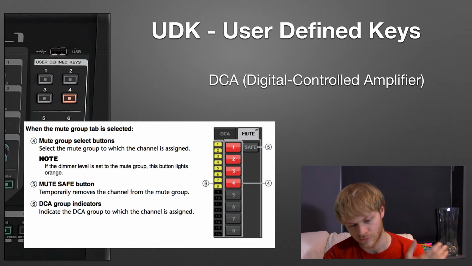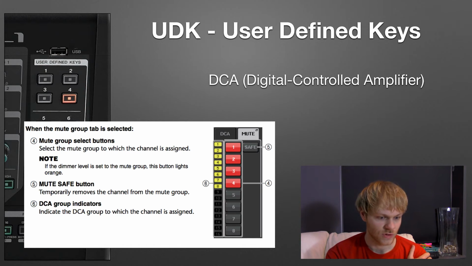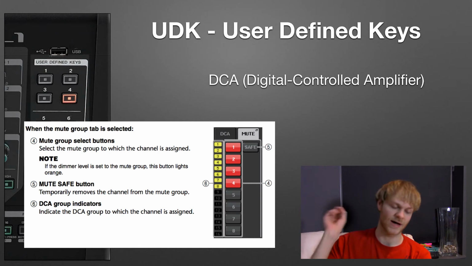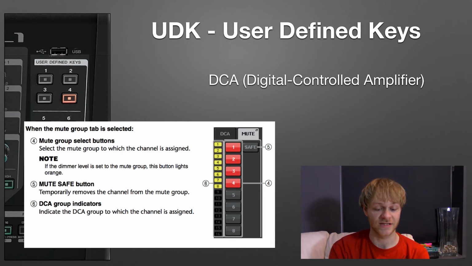For example, mute groups. You could assign all the first drum kit from the first bands onto that mute group, and then when that band finishes, you press this one user-defined key and it mutes the entire drums.